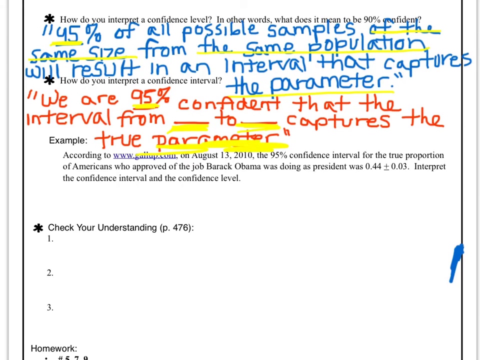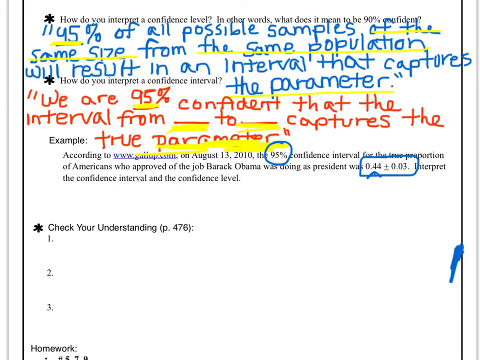So if we have an example here, according to Gallup.com on August 13, 2010, the 95% confidence interval for the true proportion of Americans who approved of the job Barack Obama was doing as president was 0.44 plus or minus 0.03. Interpret the confidence interval and the confidence level. Okay, so some information that we see here is that it's 95%, and then I see this.